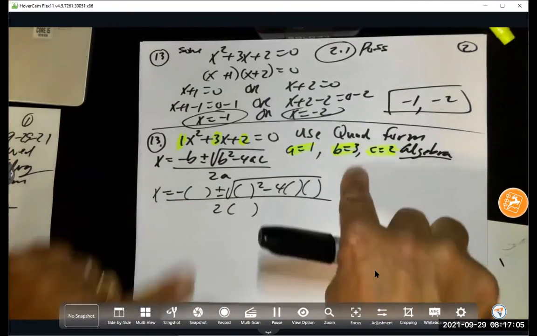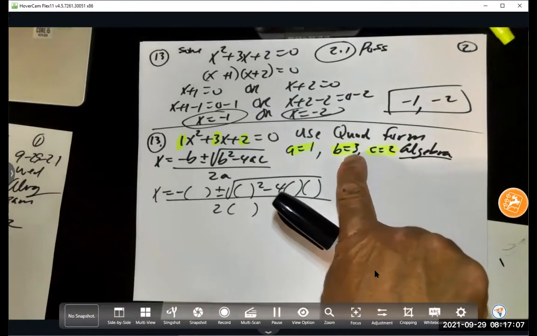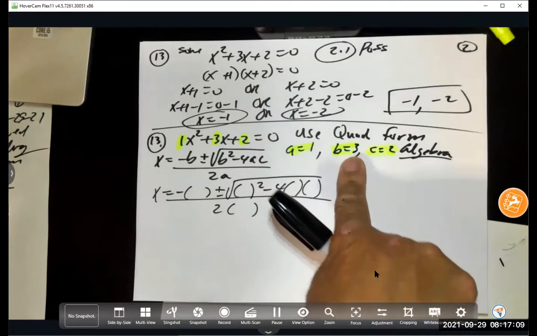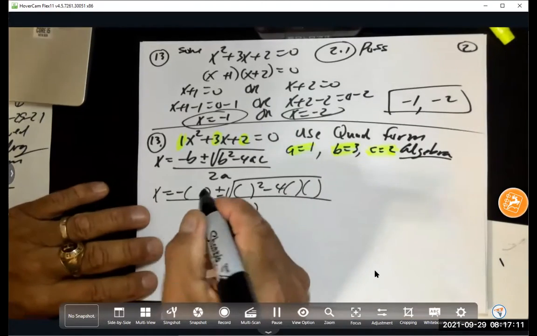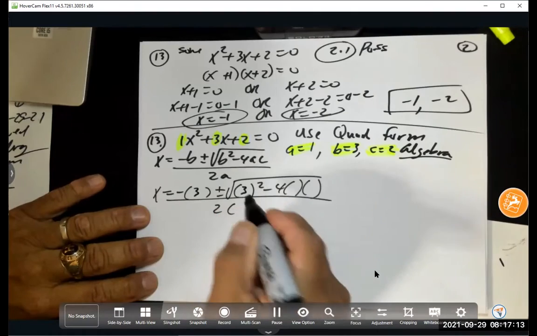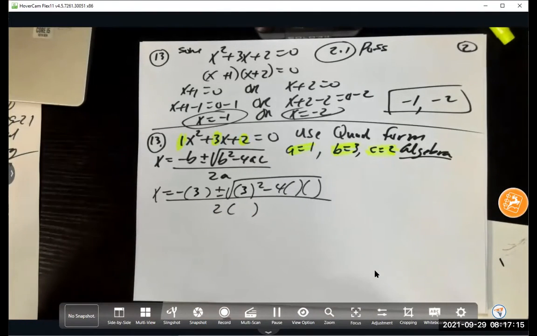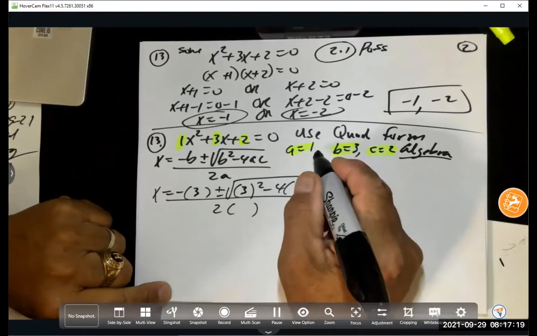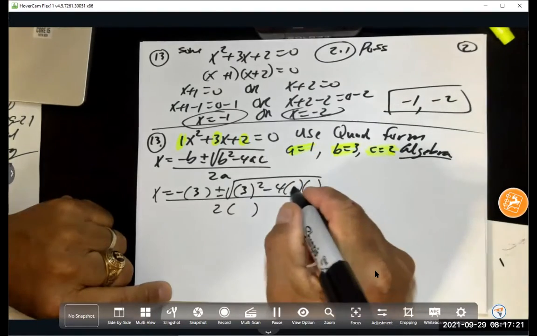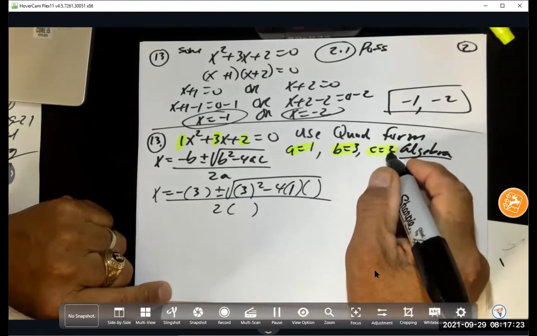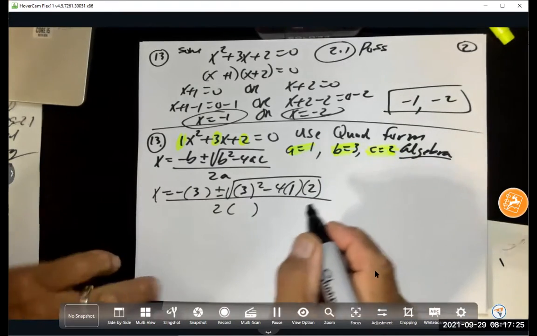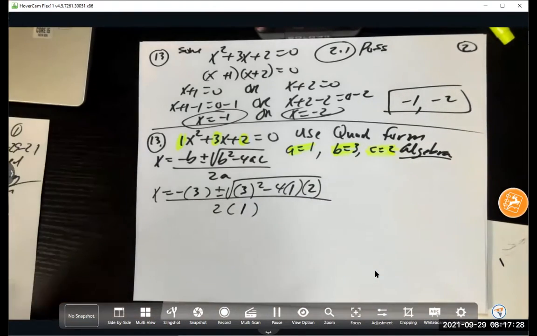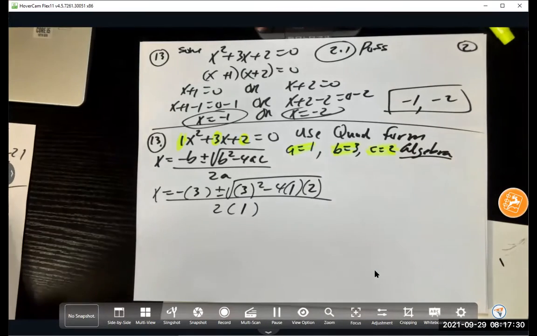I'll help you. What number goes in there? 3. Yeah, so just put 3 there, 3 there. Okay. For letter a, what goes for letter a? 1. There you go. And for letter c? 2. Okay, and then letter a again, 1. Okay, so we're okay with those numbers?